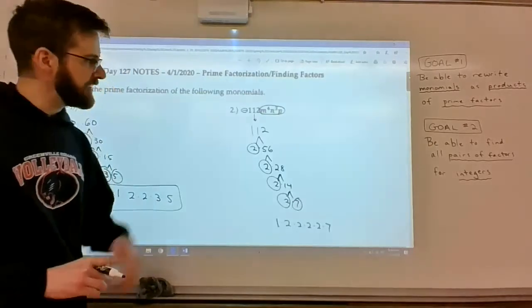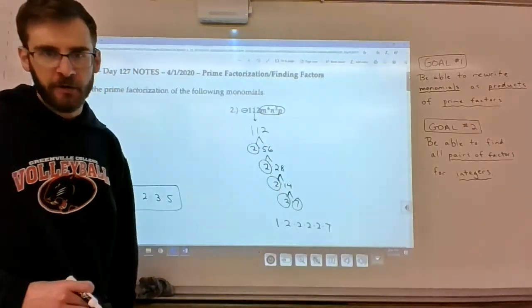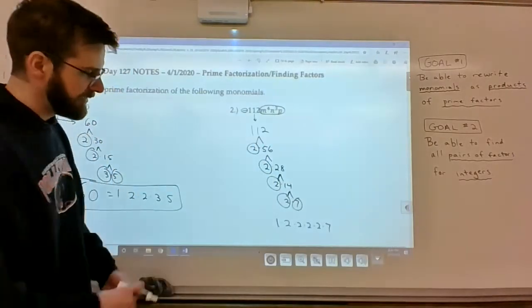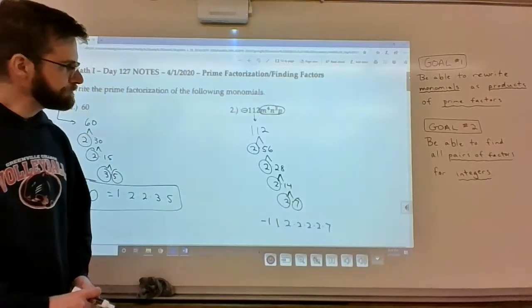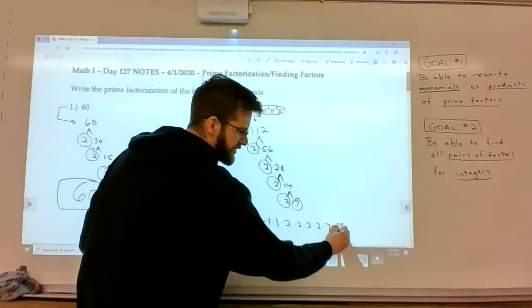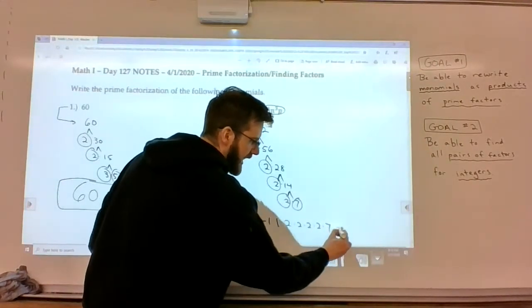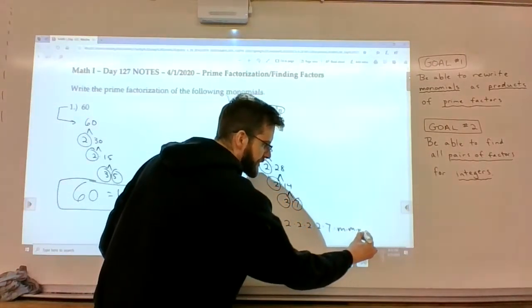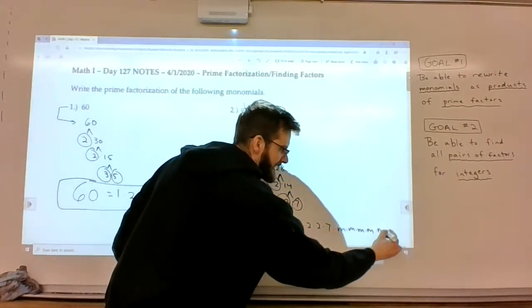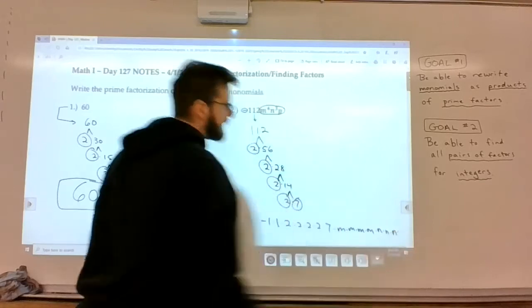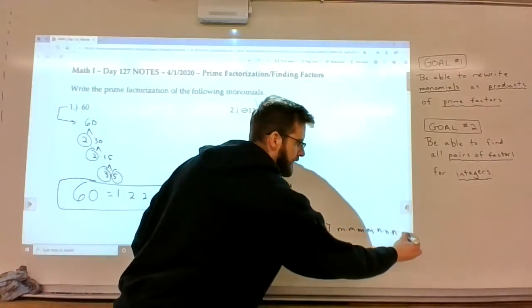Now we take care of the negative and the variable expression that attaches with it. If it's negative, just multiply the whole thing times negative 1. And if it's m to the 4, that just means we're taking m times itself 4 times, n to the 3, n times itself 3 times, and then 1p. There it is.